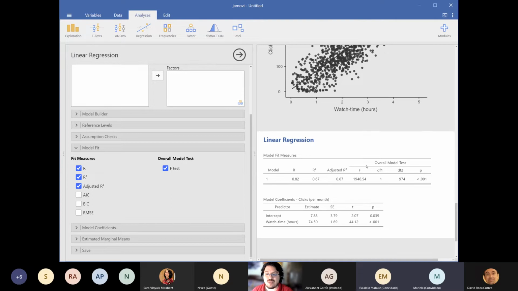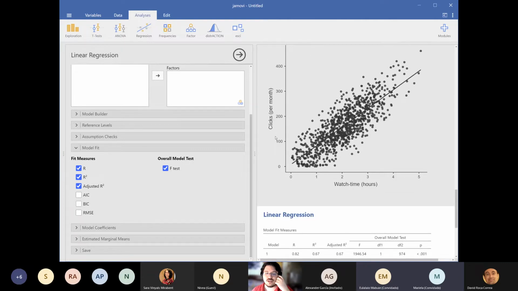And if you have many of those, you may want to use this adjusted R-squared that assesses the goodness of the fit, so how good is your model, and weighs how many variables you are using to explain your dependent variable.